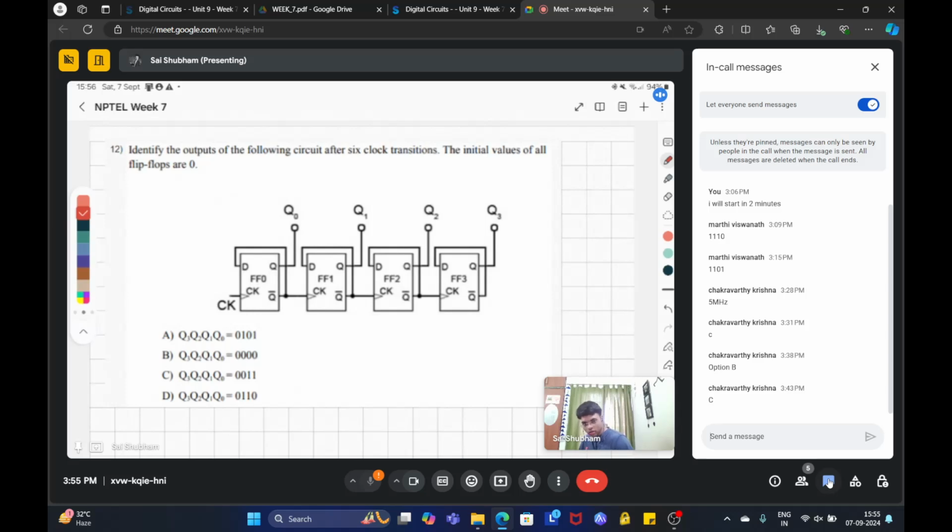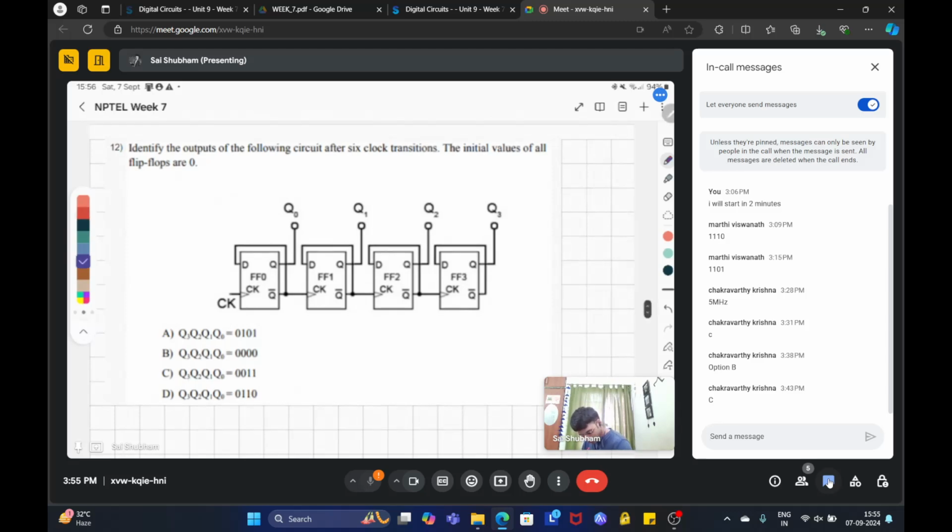So all Q0, Q1, Q2, Q3 are 0. So I will give you about 4 minutes to solve this question.